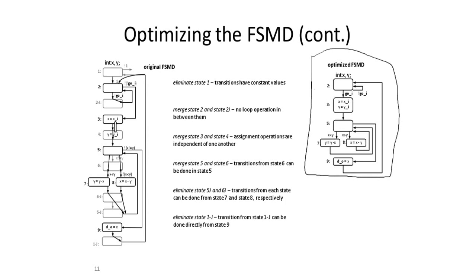What is the number of states? 1, 2, 3, 4, 5, and one more, that is the 6th one. So we need 6 states. 6 states means we need only 3 bits, or 3 flip-flops. So our hardware complexity is also reduced.